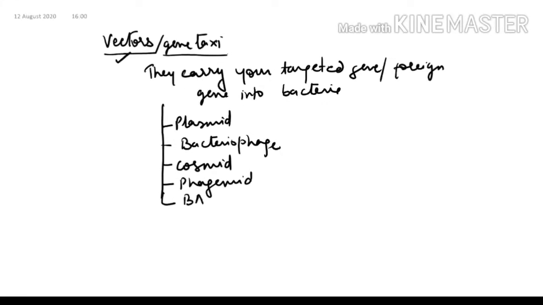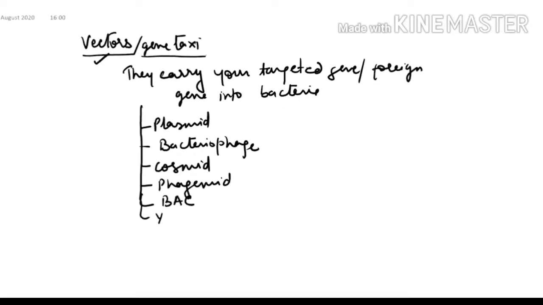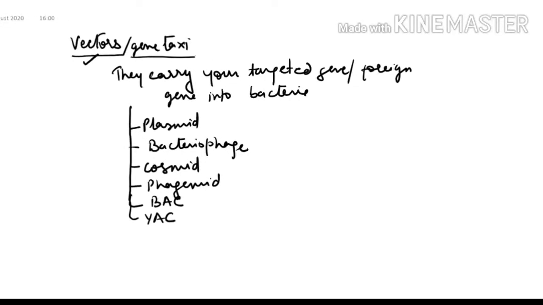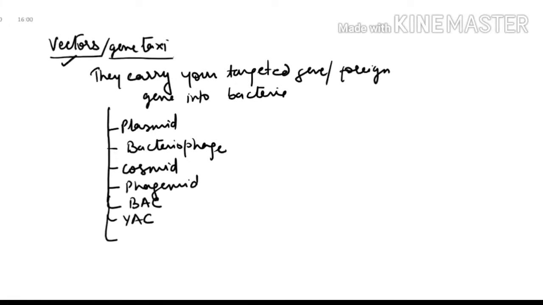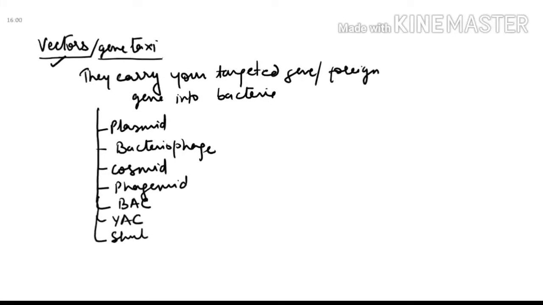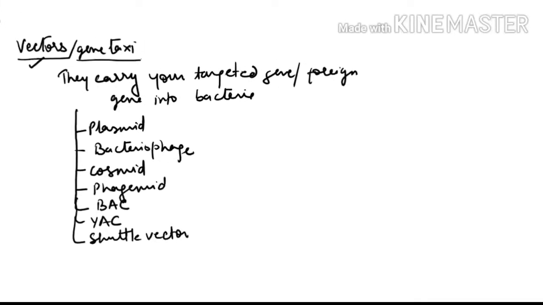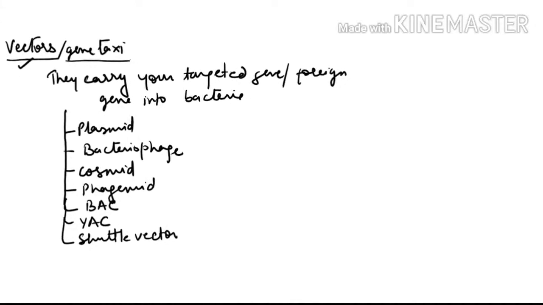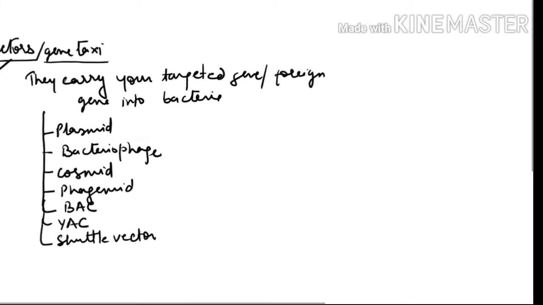For large segments, we can use bacterial artificial chromosomes. We can use yeast artificial chromosomes. And if we want to use a vector for both prokaryotes and eukaryotes, then we can use a shuttle vector also. So these are the different types of vectors which we use in recombinant DNA technology. Now let us study one by one. So now we are going to start with the plasmid vector.